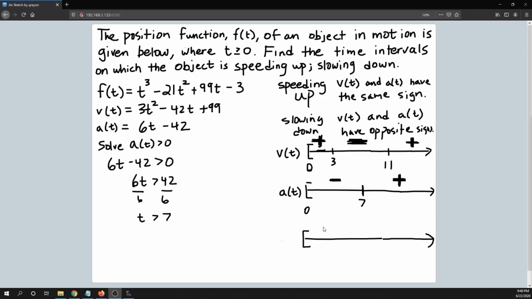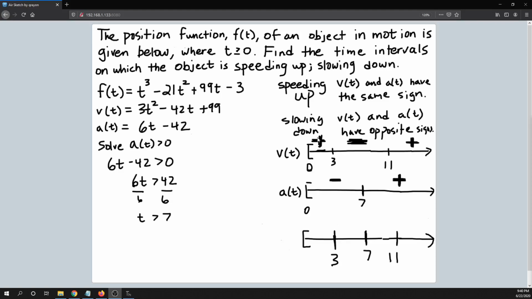So I'm going to bring the 3 straight down, I'm going to bring this 7 straight down, and I'm going to bring this 11 straight down. Okay, so I brought every number down.